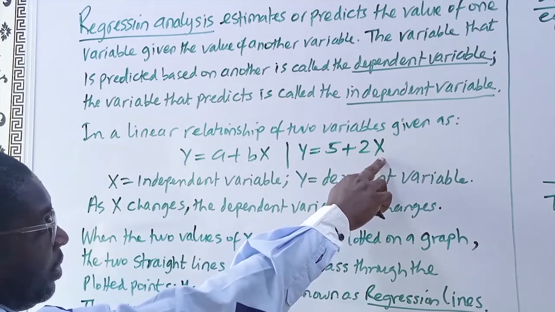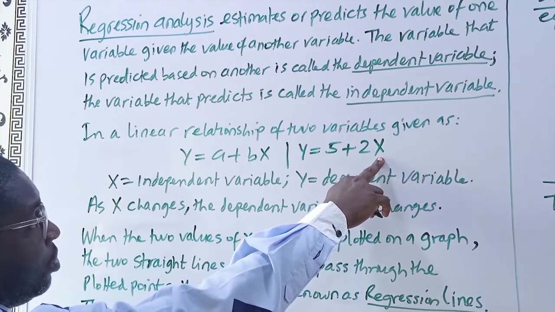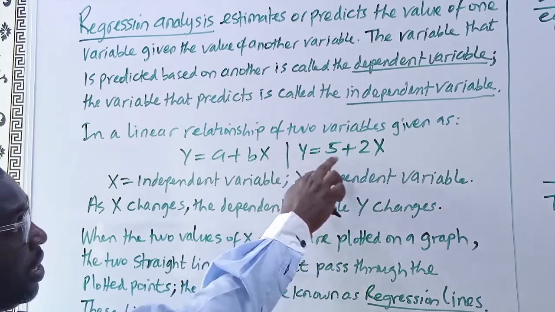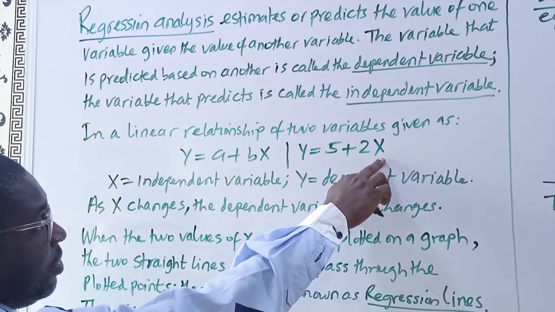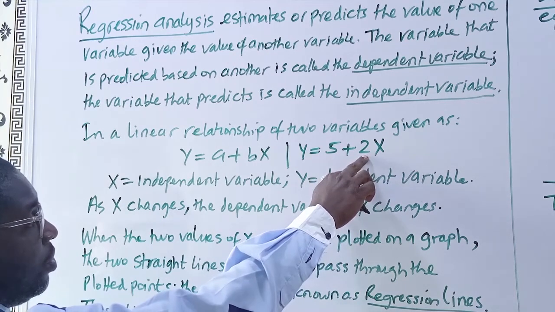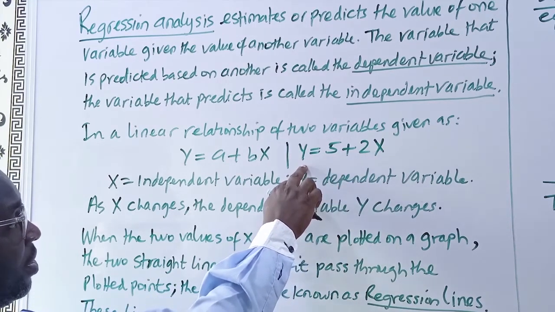If x is 1, 2 times 1 will give us 2. 2 plus 5 will give us 7. So y becomes 7. If x becomes 3, 3 times 2 is 6. 6 plus 5 is 11. So y becomes 11.